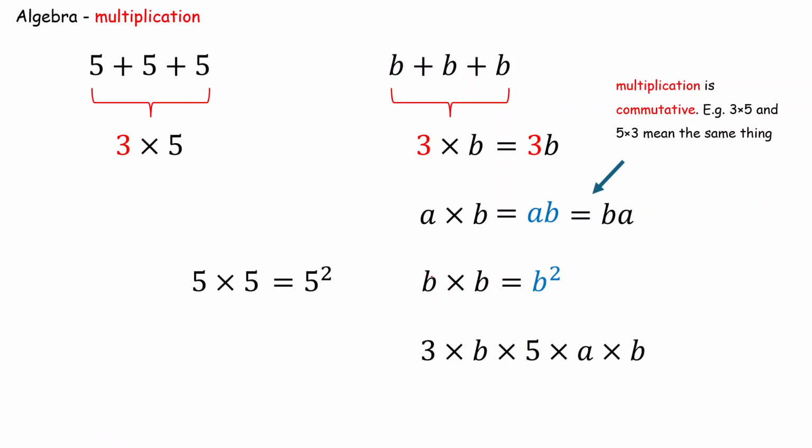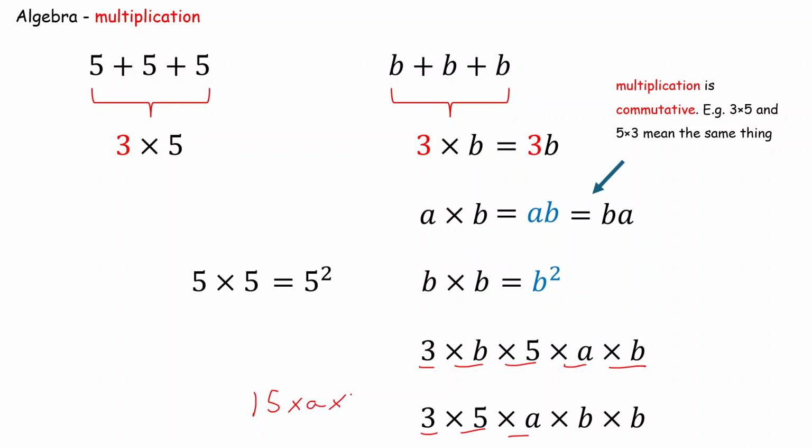So now, something a bit more complex. If we have 3 times b times 5 times a times b, if we put it in order, we've got 3, and we're timesing it by 5, so 3 times 5 times a times b, and then times b again. Well, 3 times 5 is 15. We're then timesing that by a singular a.